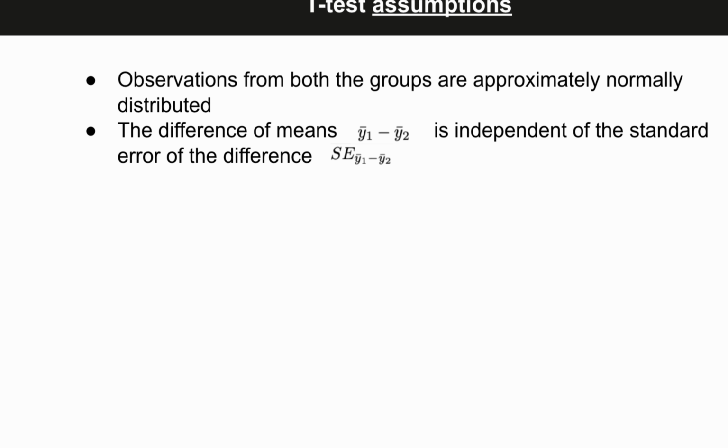There are two very simple assumptions, and in your assignment you will do an exercise where you'll relax these assumptions one by one. First is observations from both groups are approximately normally distributed, and approximately is the key word. We'll see an example of what that approximately means. And the difference of means is independent of the standard error of the difference.